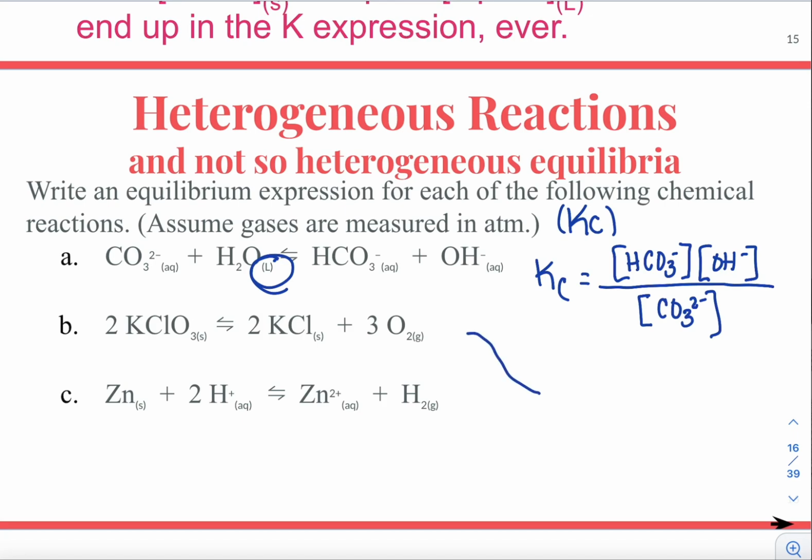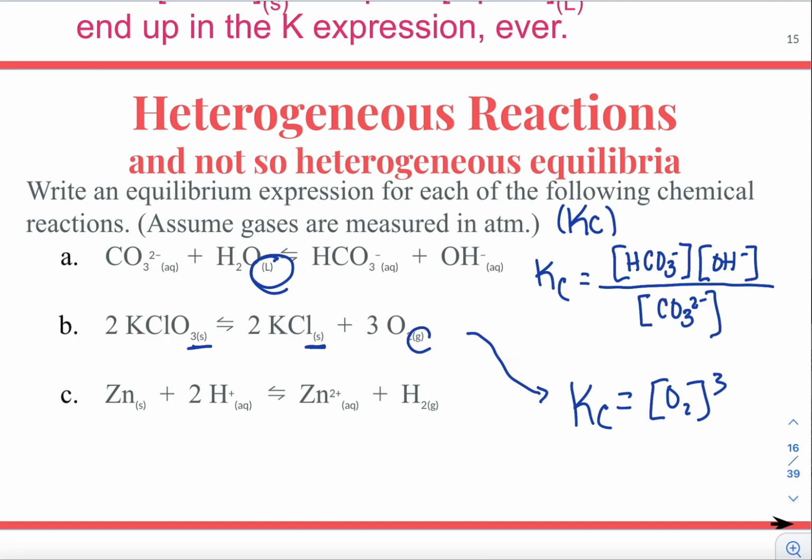And then for this one, I'm going to do it down here. We have the concentration of O2 to the third power, because that's a gas. But since this is a solid and this is a solid, that's all we have. Okay, so we don't even need anything on the bottom here. I'm going to rewrite that so it looks a little more normal. So our expression would just be the concentration of O2 to the third power.